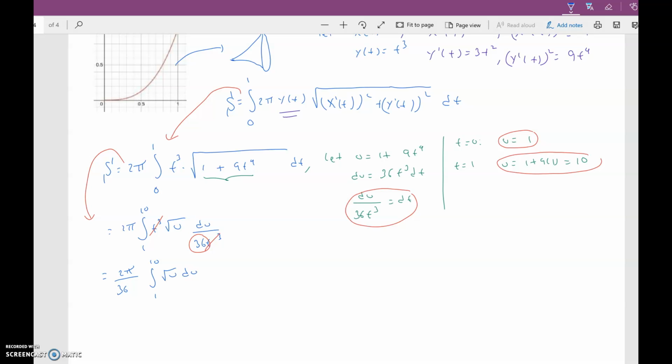So this is going to be pi over 18 times the integral from 1 to 10 of the square root of u du, which is pi over 18 times u to the 3/2, and let me rewrite it as 2/3, evaluated from 1 to 10.